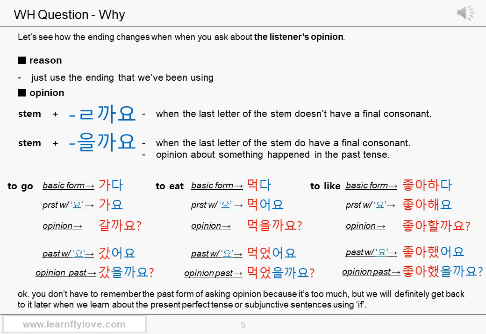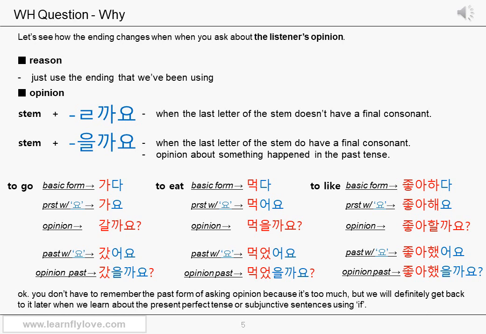Do you want to check out the past form too? When we make a past form in a normal question or declarative sentence, we add 왔어요, 얻어요, 했어요, or when there is no final consonant in the stem, we add 쌍시옷, which means double s consonant as a final to the stem first, and add 어요 sound. So 가요 becomes 갔어요 in the past tense.